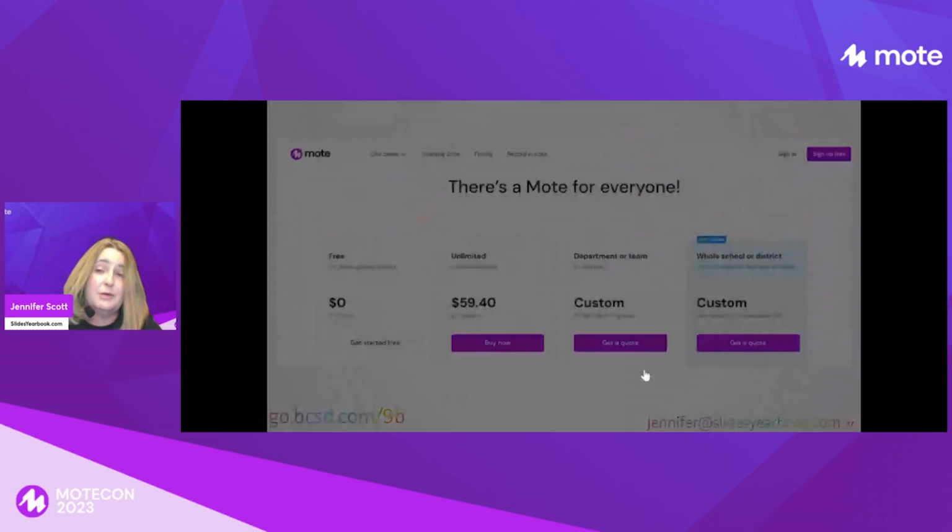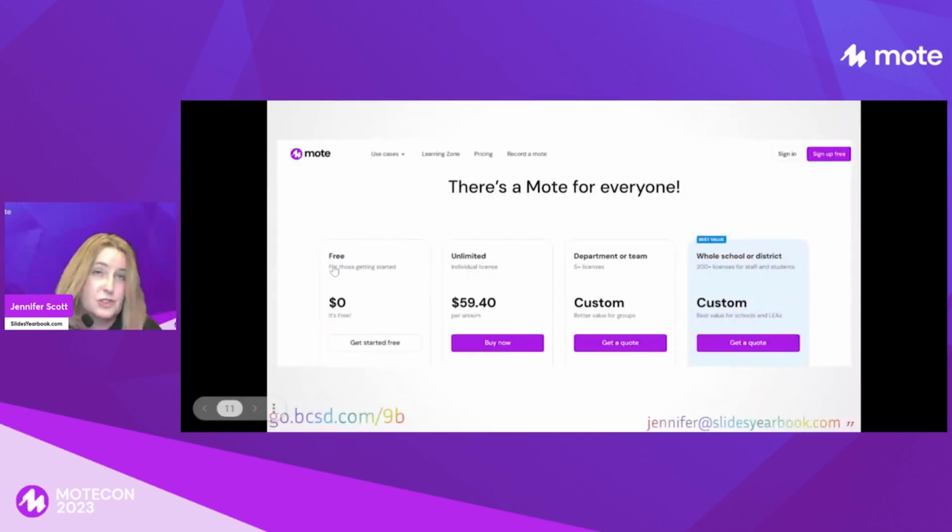When we're talking about Mote, notice that we have the free version. The majority of my students are going to use the free version of Mote. My students who are level 2s, 3s, 4s, I'm the one who has the paid version.